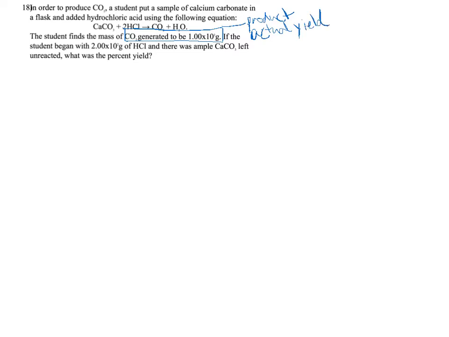So you need to know that. And then you're also given this number here, the 2.00 times 10 to the second grams of hydrochloric acid. You need to know that that is your reactant, and you use it to get the theoretical yield.